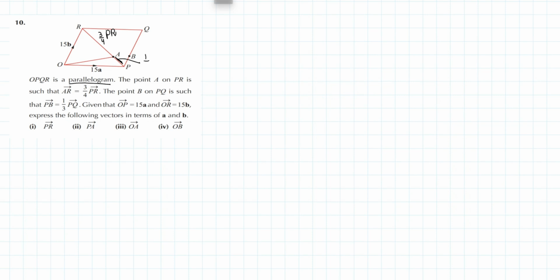This will also be equal to 1 upon 4 PR. Okay, after this, now write down the next line.